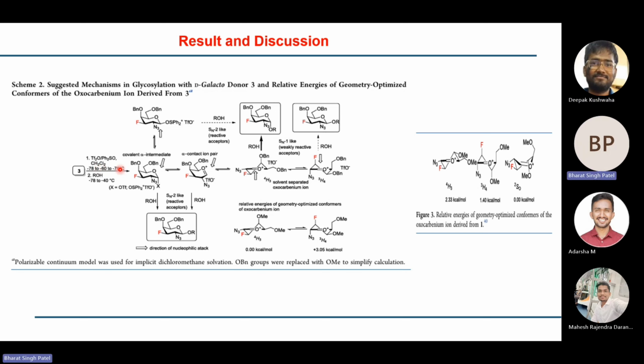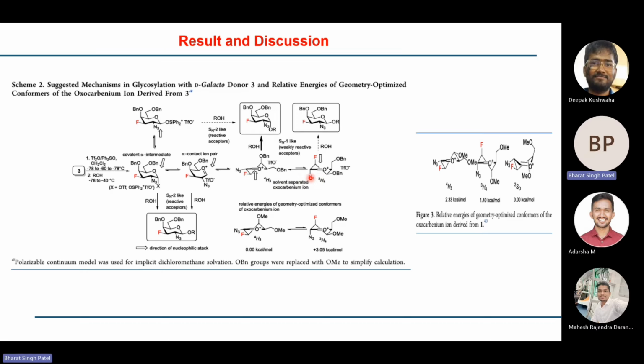Once this pre-activation is done, all these intermediates will be in equilibrium. The alpha triflate is the more stable one. If the acceptor is more nucleophilic, the reaction will happen here only, and beta will form, immediately getting over by the SN2 mechanism. But if the acceptor is a poor nucleophile, then this intermediate will be exchanged with the alpha contact ion pair, and again that will go to half chair.